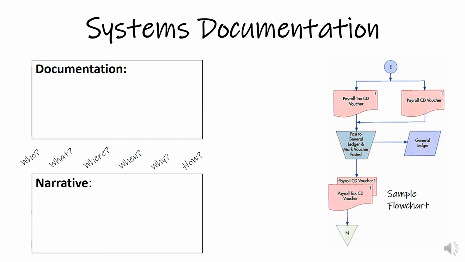Systems documentation is like a picture book of what goes on in our accounting information system. As you can see at the right, we have a subsection of the documentation about the payroll process for an organization.